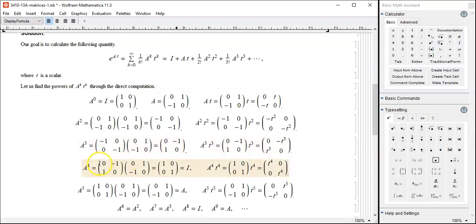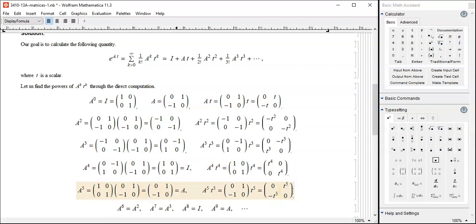Another matrix multiplication, A cubed times A, so we have A to the fourth power. Turns out that's the identity matrix. And then A to the fifth power: identity times A, so it's the original A again.